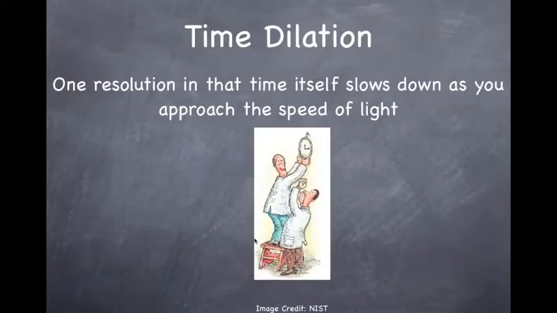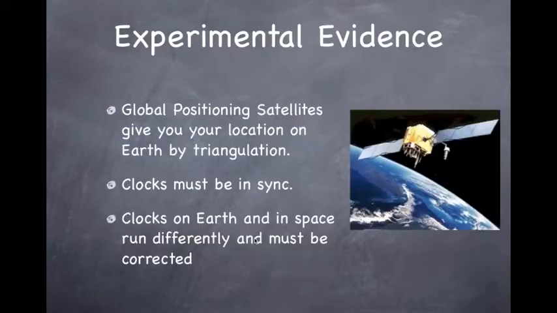So that's one resolution, and it has been used by many science fiction writers to say, we'll just shoot people around in rockets at close to the speed of light, and they will age much slower, and they'll be able to come back, and everybody that they know will be gone, but they'll still be very young. There is some question about that, but there is experimental evidence to support this time dilation factor. And the number one is the GPS system.